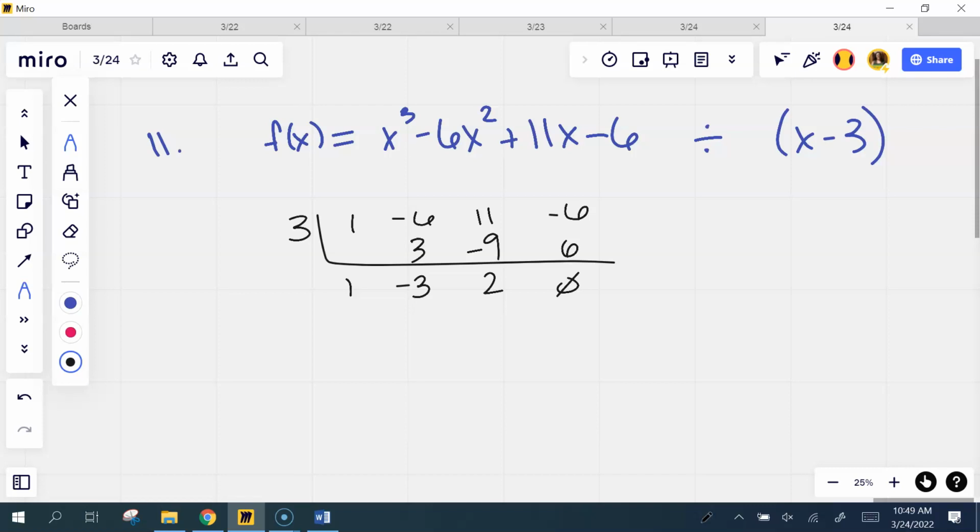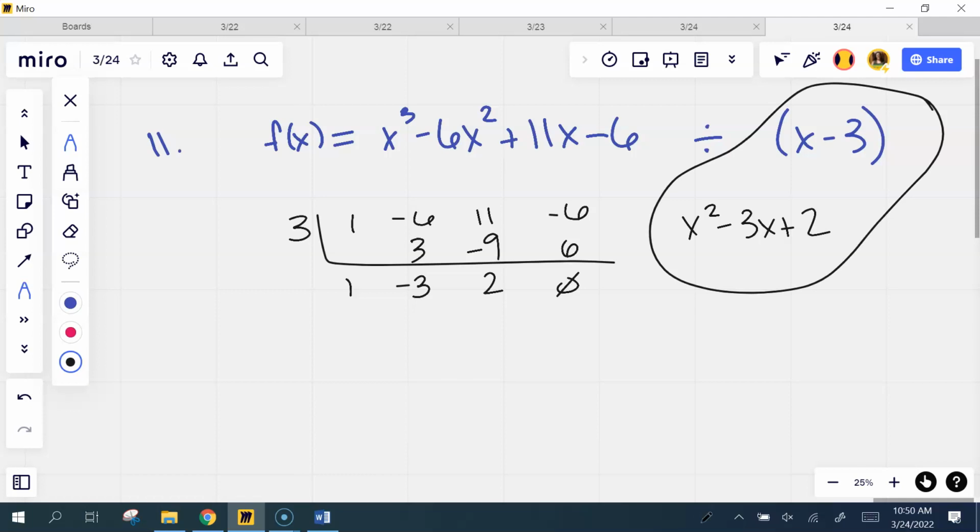All right, so when I divide these, I get x squared minus 3x plus 2. Now write it as a multiplication problem. In other words, put the two factors together. I've got x minus 3. I'll factor it in just a second.